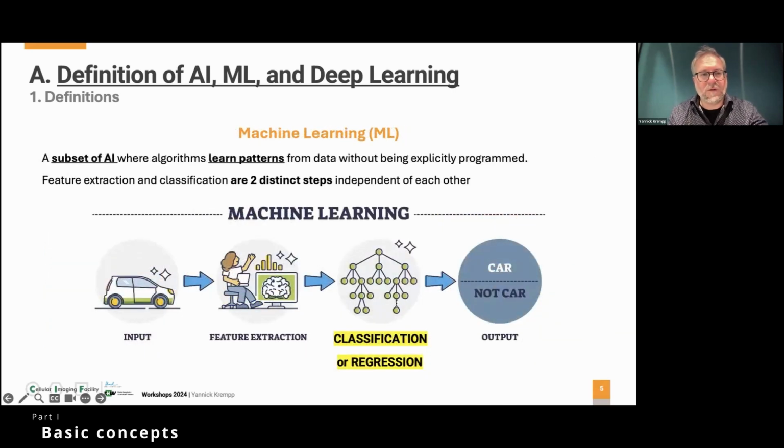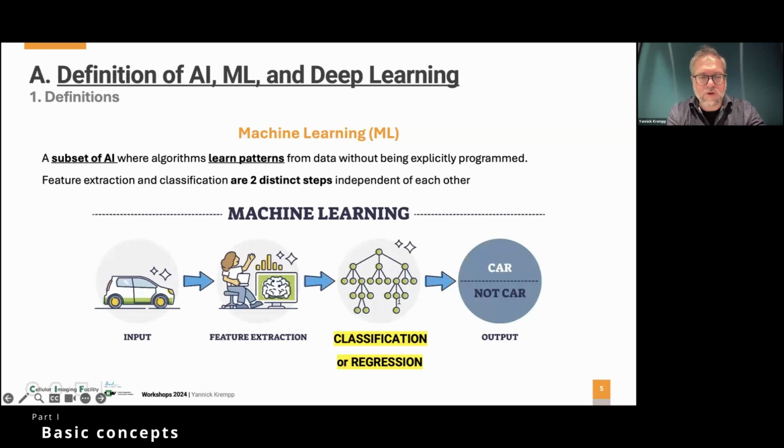If we focus now on 2 subsets of AI, which are machine learning and deep learning, let's have a look first at the machine learning side of the AI. Machine learning is an algorithm, basically, that learns a pattern on its own in 2 distinct steps. The first step is feature extraction.